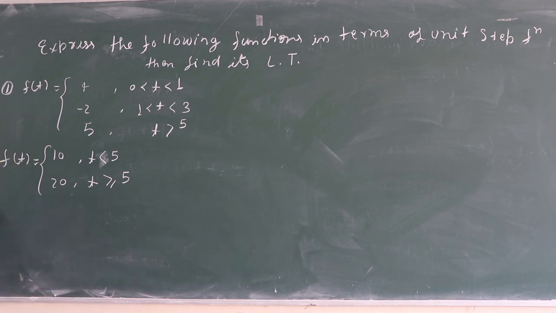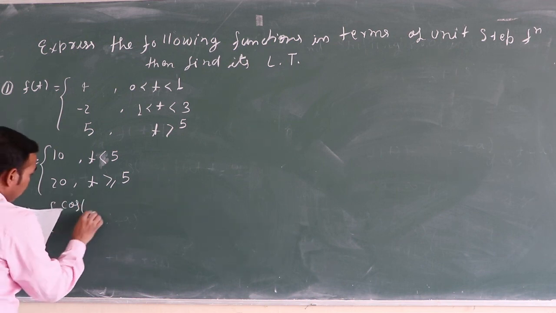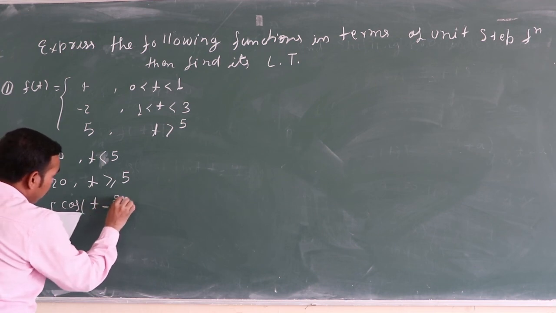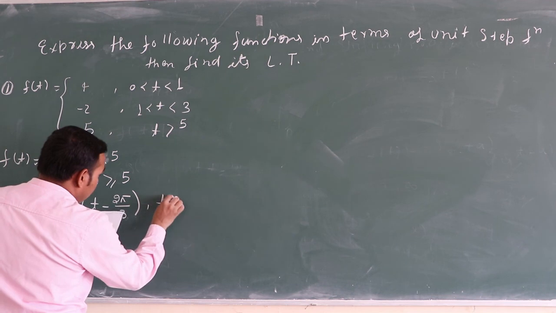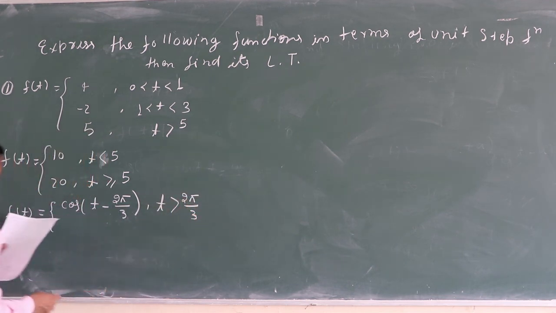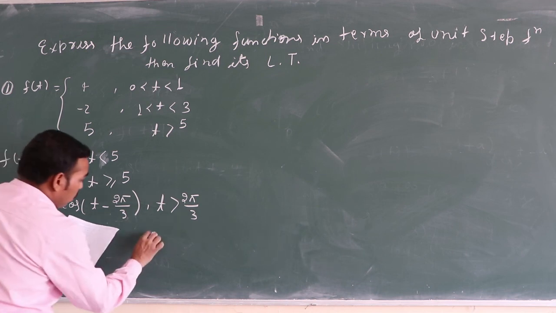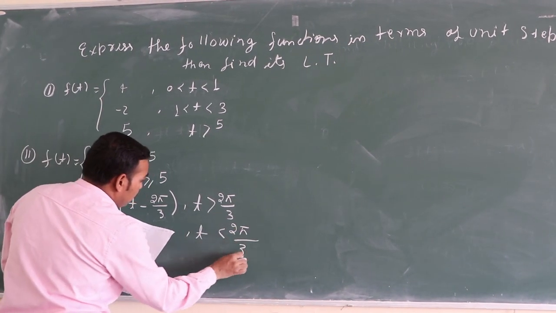Third one is f(t) equal to cos(t minus 2 pi upon 3) for t greater than 2 pi upon 3, and 0 for t less than 2 pi upon 3.